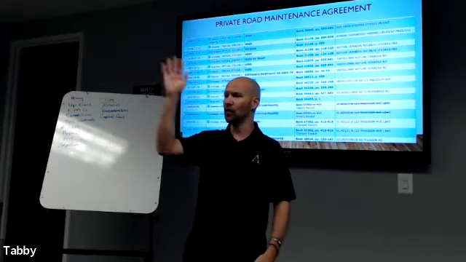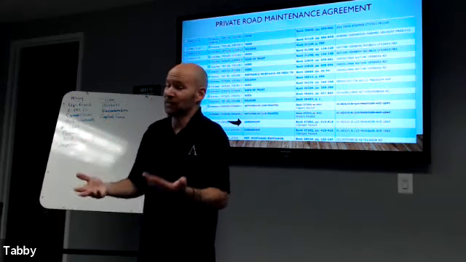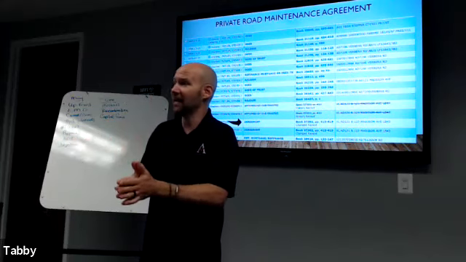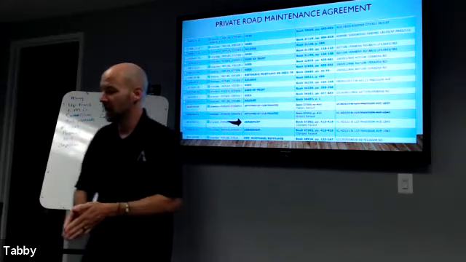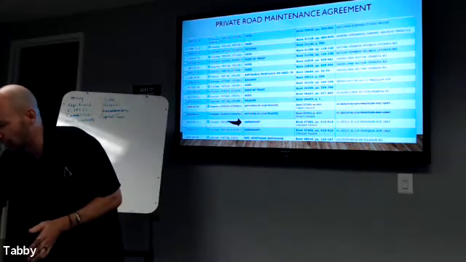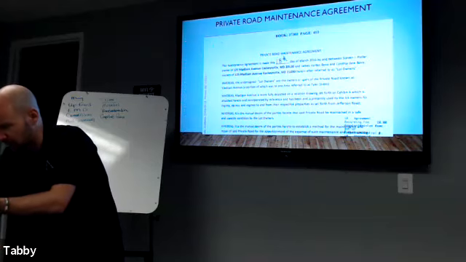Unfortunately, some of the stuff is so old that it's always just assumed that you're allowed to use it. But lenders want to see guaranteed access, guaranteed that somebody's going to repair it, somebody's going to fix it. So we'll look for that on the property and make sure that agreement is in place.